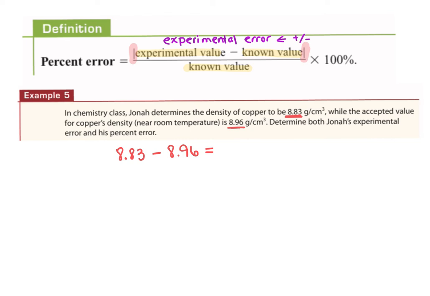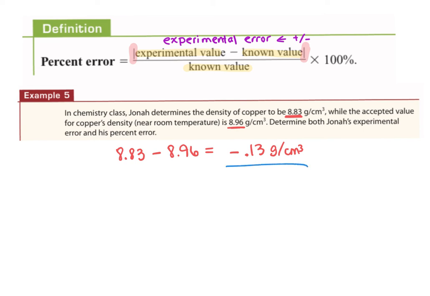When we do that, we should get negative 0.13 grams per cubic centimeter, okay? So you're just subtracting. Experimental error is literally just subtracting what you expected from what you got when you performed the experiment. That's experimental error. And then they want his percent error.